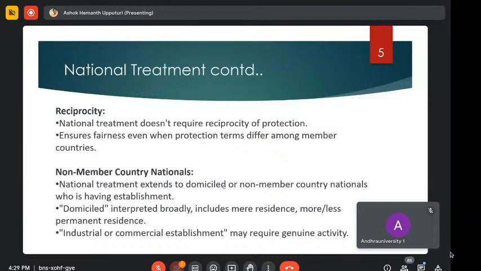And a non-member country national, that's what I discussed in the Uganda example. Here domicile means he is more or less a permanent resident. Someone from Uganda or whatever I'm discussing, who is a non-member of the Paris Convention, should have an industrial or commercial establishment in India, then only can they file a patent.